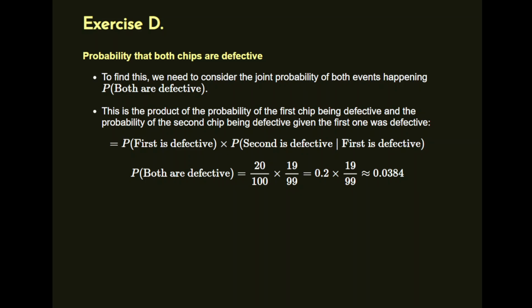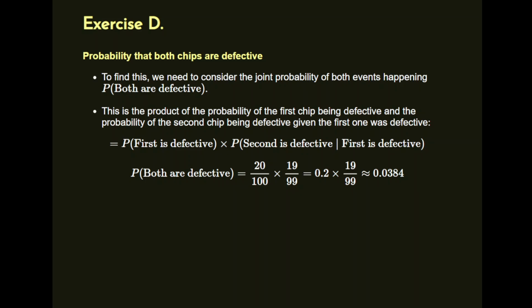And finally, probability that both chips are defective. So this is where we consider joint probability and independent events. This is where things start to progress a little bit more. This is where we start to use all of these rules of probability. To find this, we need to consider the joint probability of both events happening.